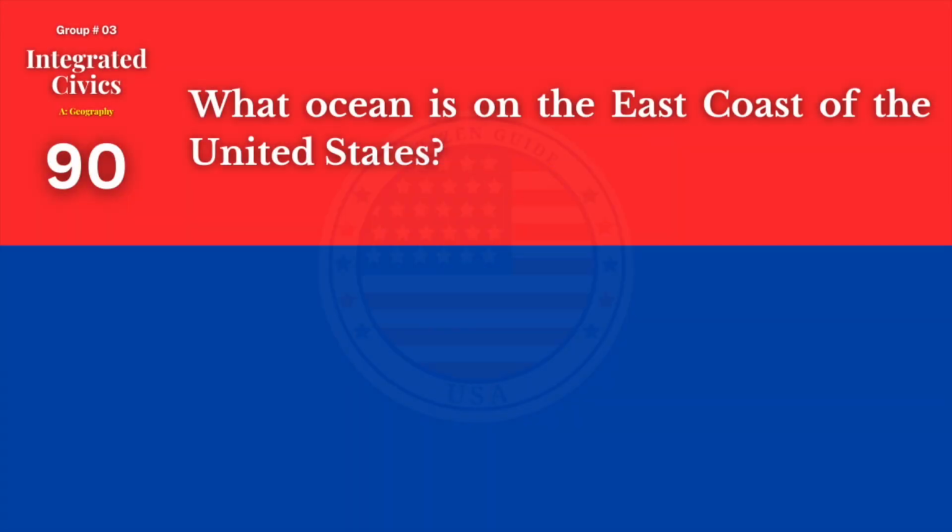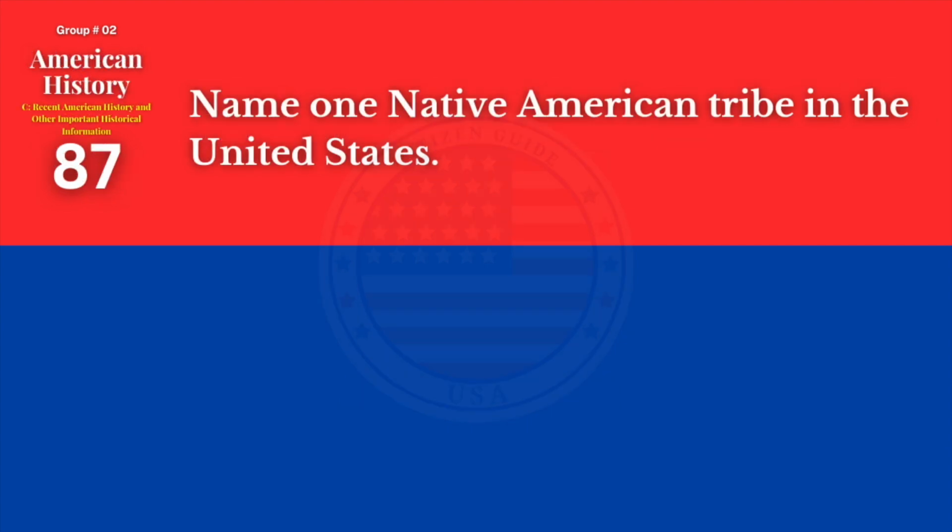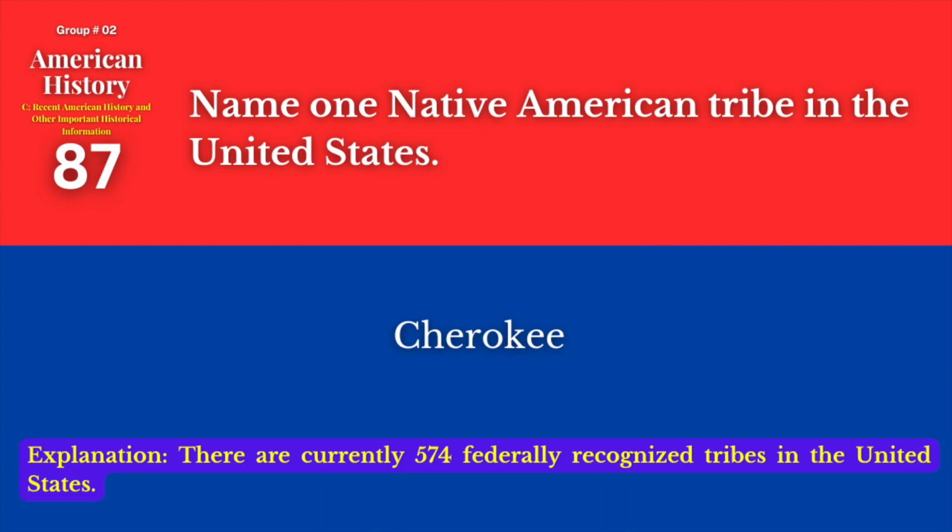Group. What ocean is on the east coast of the United States? Atlantic Ocean. Name one Native American tribe in the United States. Cherokee.